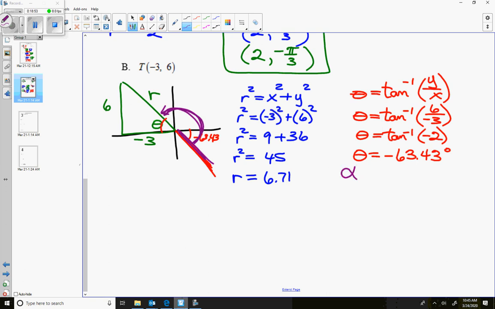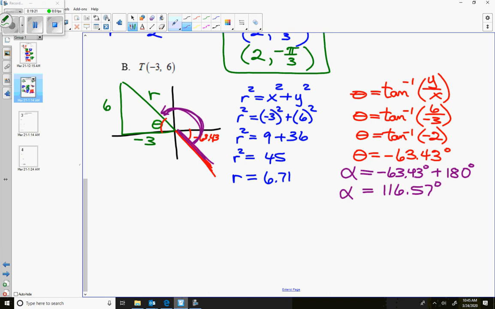So a real angle is going to be, that way would be easier math. I'm going to say the -63.43 degrees, but plus 180 degrees. I'm going to do that. Then we actually get 116.57 degrees, which would be a quadrant 2 angle.